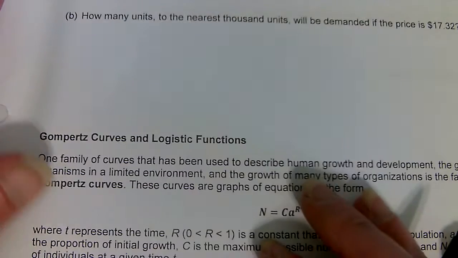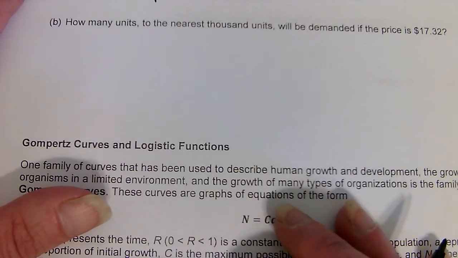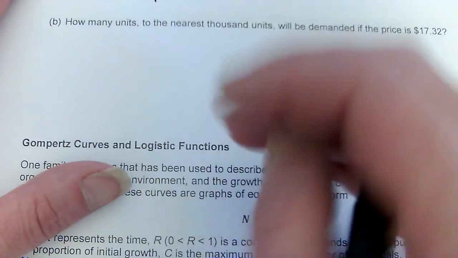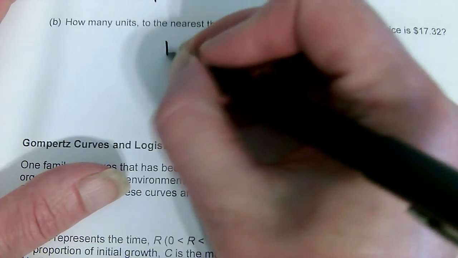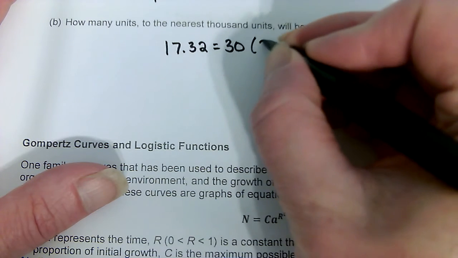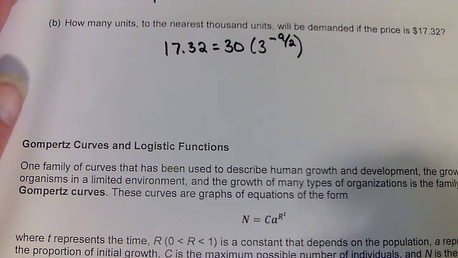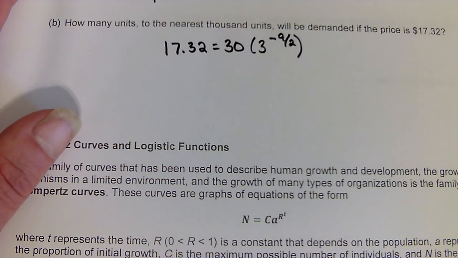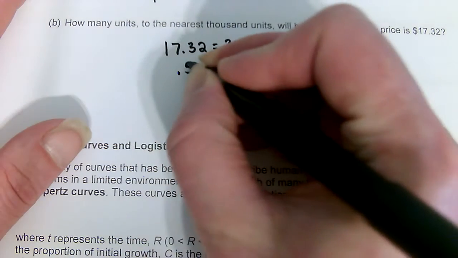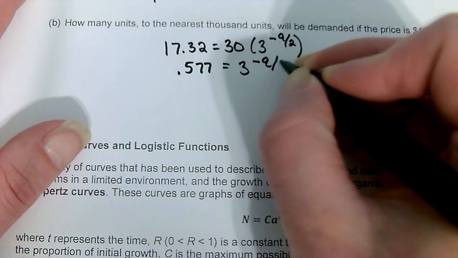How many units, to the nearest 1,000 units, will be demanded if the price is $17.32? So then we would just plug in $17.32 for the price and solve for Q. So I divide by 30 first, and I get 0.577 equals 3 to the negative Q over 2.